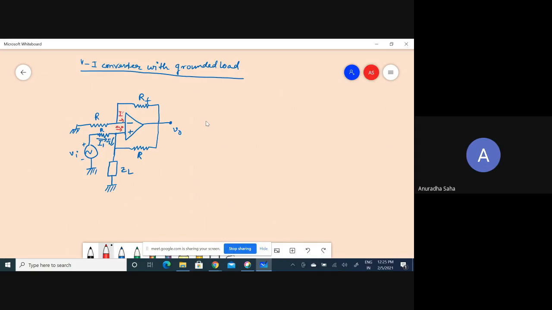No amount of current can pass through this region due to the almost infinite input impedance. That is why we require I1 to flow in this direction from here. Let's say I name this node as A.